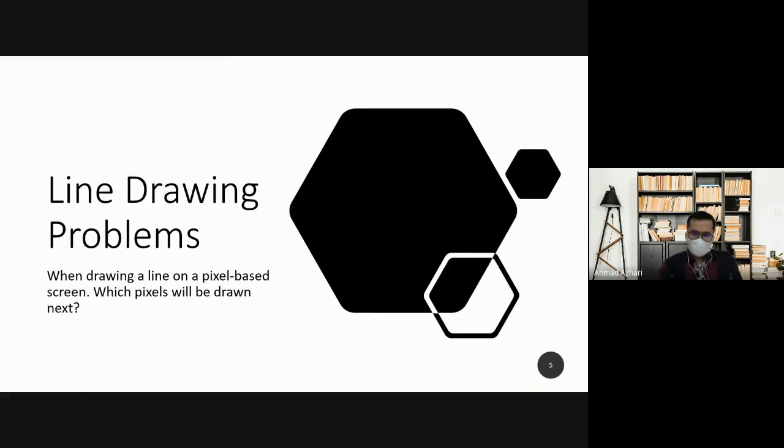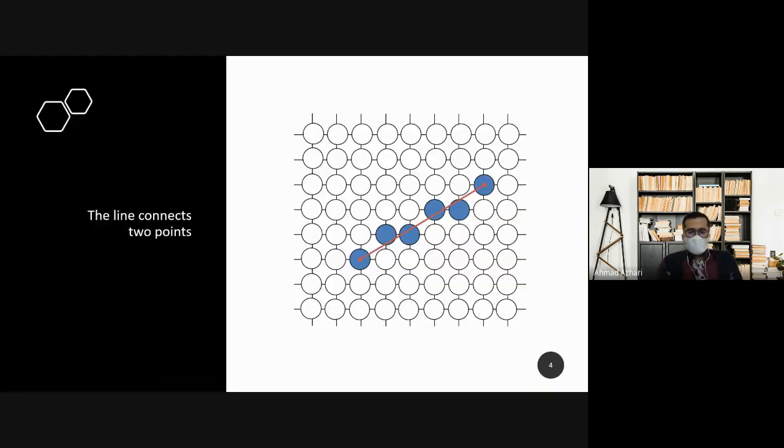As you can see on the screen, as we explained before, the pixel is the small unit of the computer graphics screen.